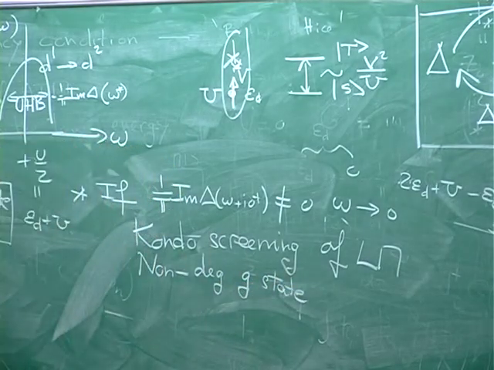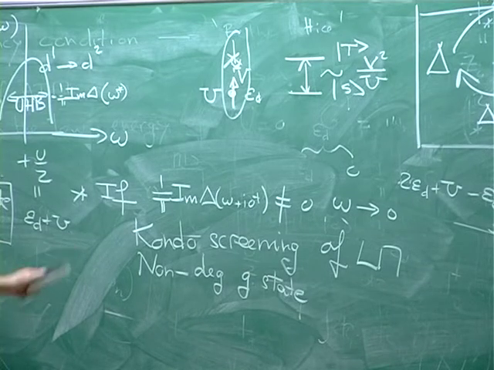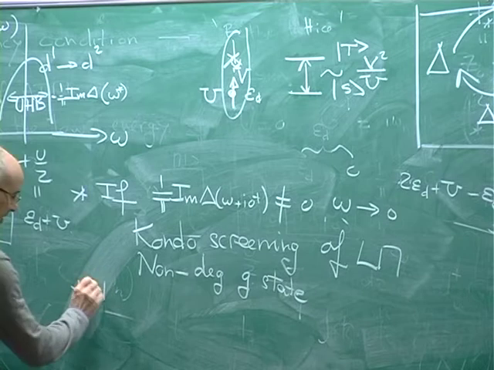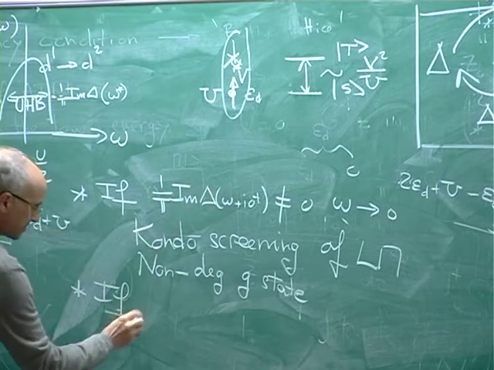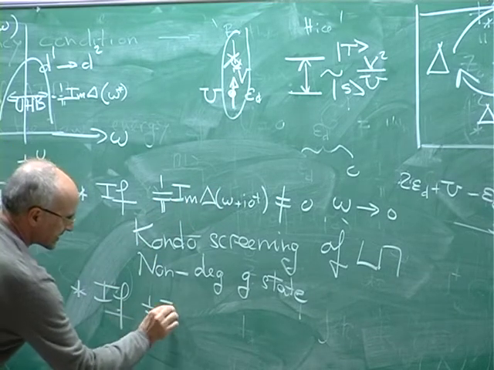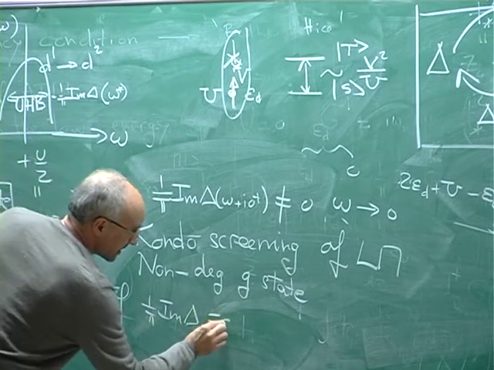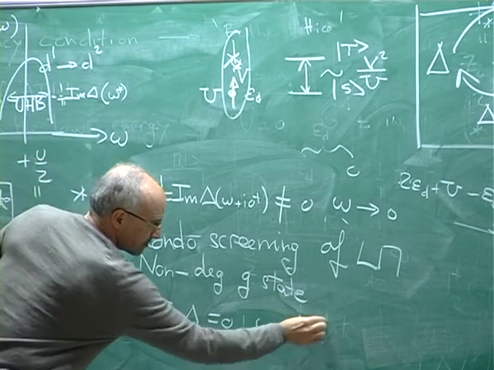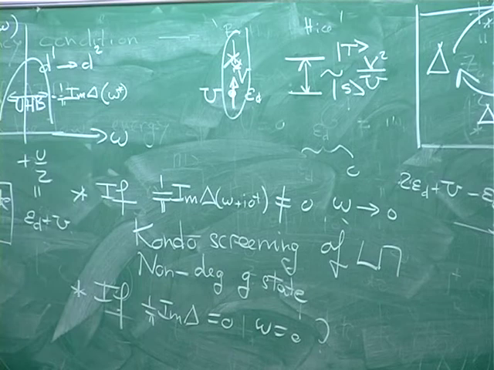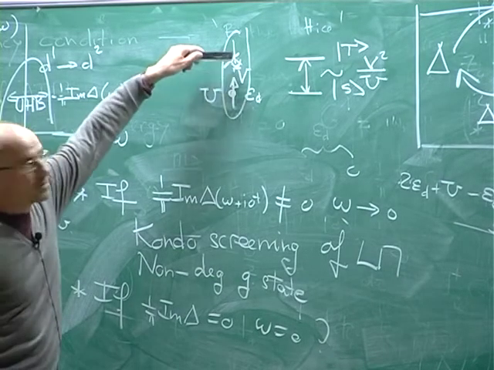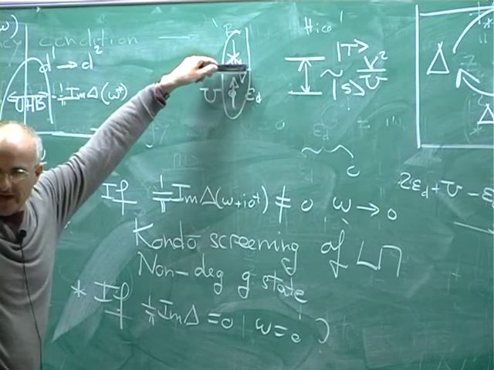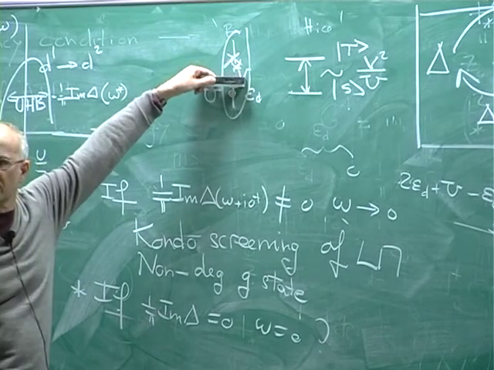Okay? Now, what if this is not the case. If this guy, (1/π) Im Δ, is 0 at 0 energy, okay? That means there is no state here in my bath. Perhaps there is at higher energy, but not at 0 energy.